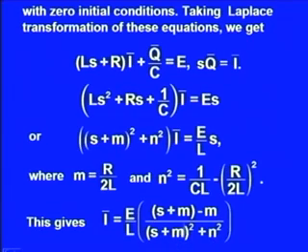The inverse Laplace transform of s plus m over s plus m whole square plus n square will be e to the power minus m t into cos n t, because the Laplace transform of cos n t is s over s square plus n square, and here s is being replaced by s plus m. So, by the first shifting theorem, the inverse Laplace transform of this will be e to the power minus m t into cos n t, and similarly the inverse Laplace transform of m over s plus m whole square plus n square will be e to the power minus m t into sin n t.